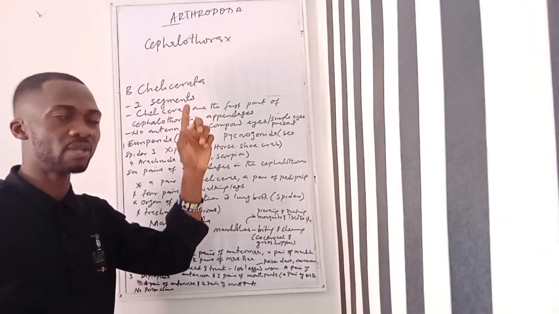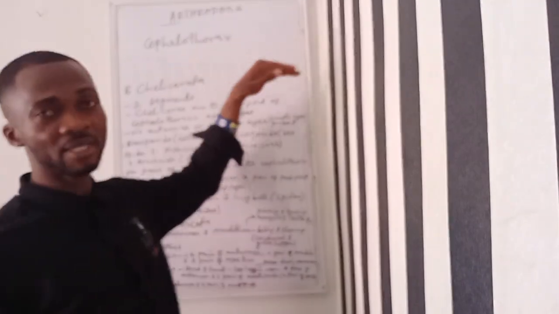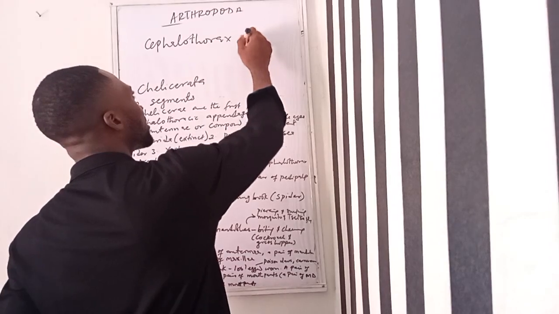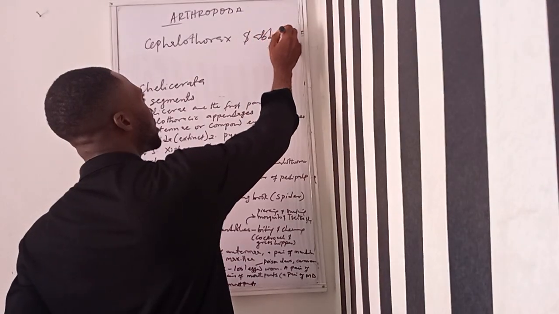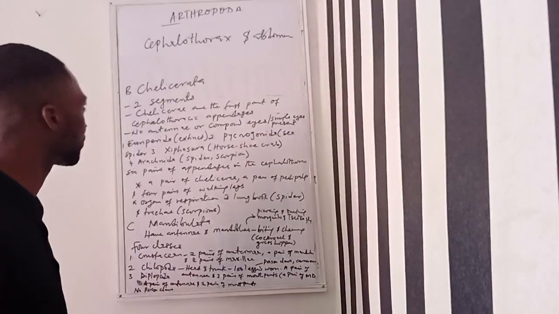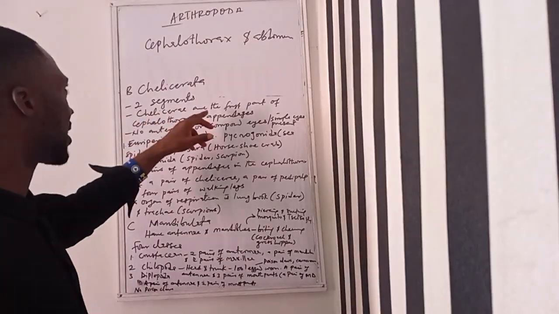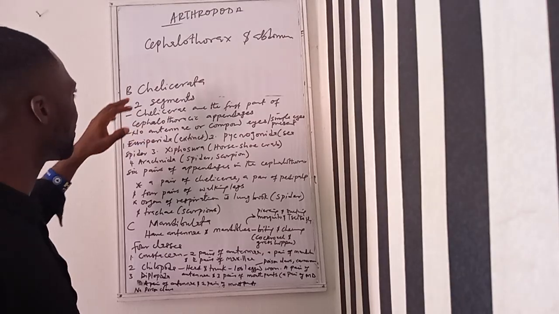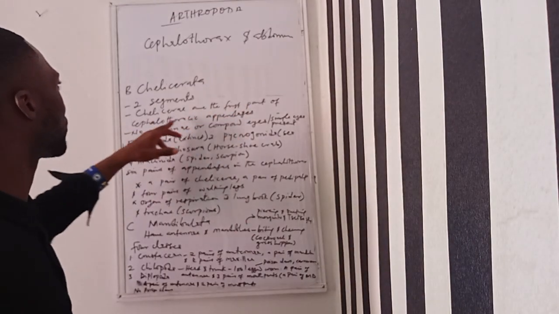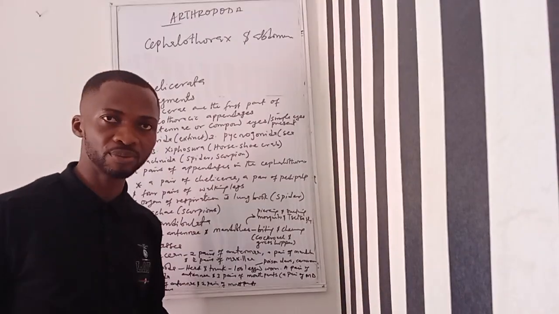Instead of having head, thorax, and abdomen, they now have cephalothorax and abdomen. That is what you see in members of this group. Then they have chelicerae.